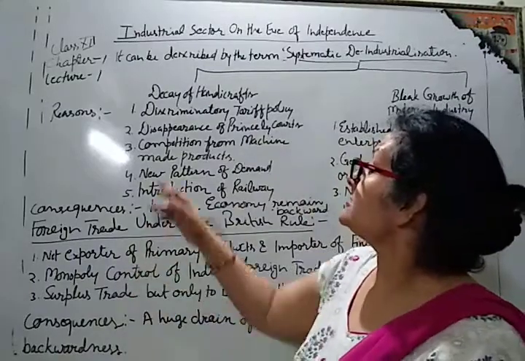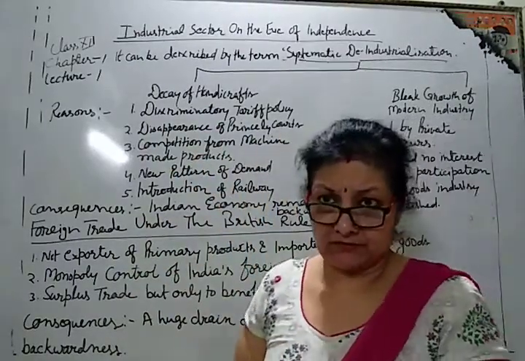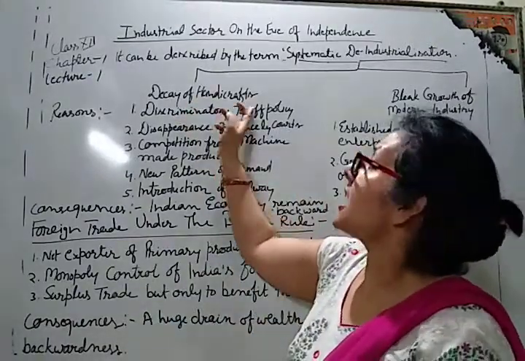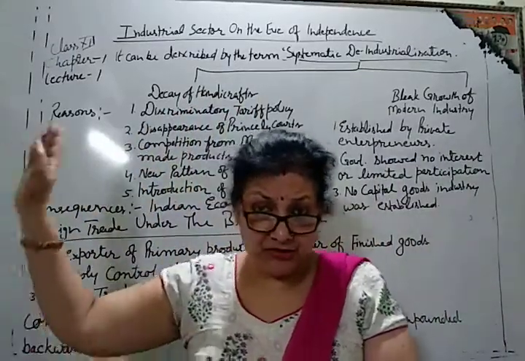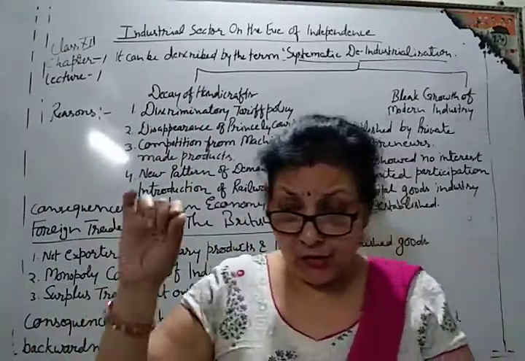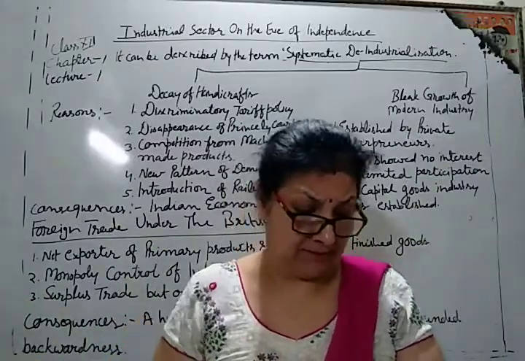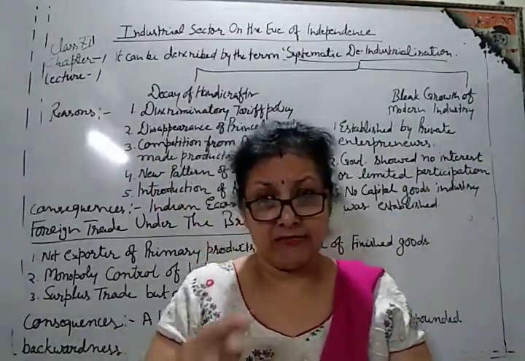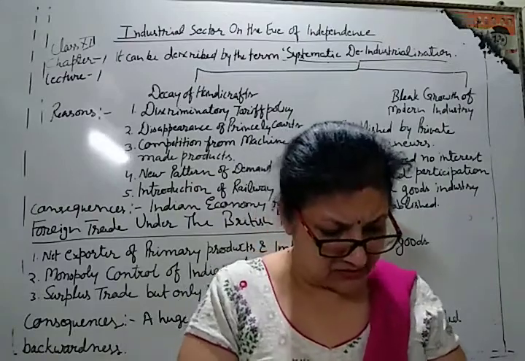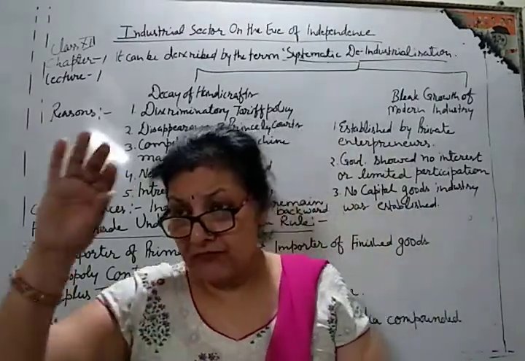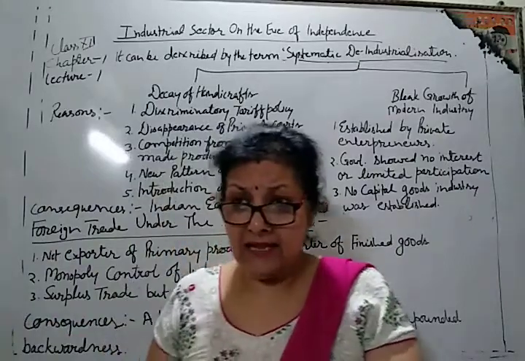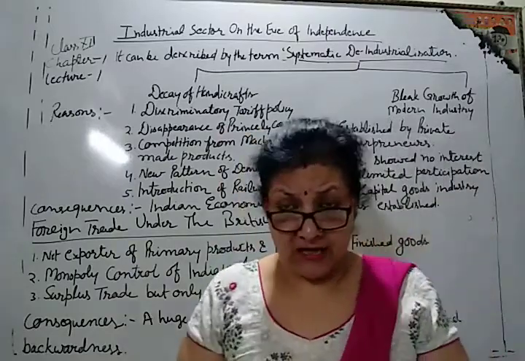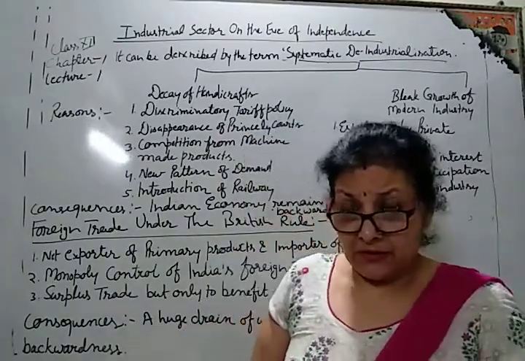The second one is the disappearance of princely courts. The disappearance of princely courts also became a main reason for the ruin of the handicraft industry. How did it happen? Prior to British rule, there were Nawabs, Rajas and Princes who ruled over different parts of India, and they patronized these handicrafts.